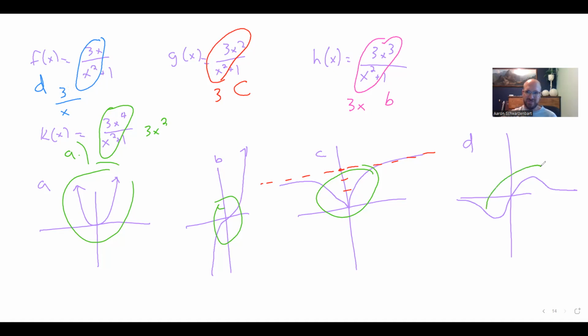This middle doesn't look really like 3 over x, but the ends do. So checking end behavior can be very powerful for classifying graphs. Okay, that is the end of the lesson for 1.2. And you may work on your problems.